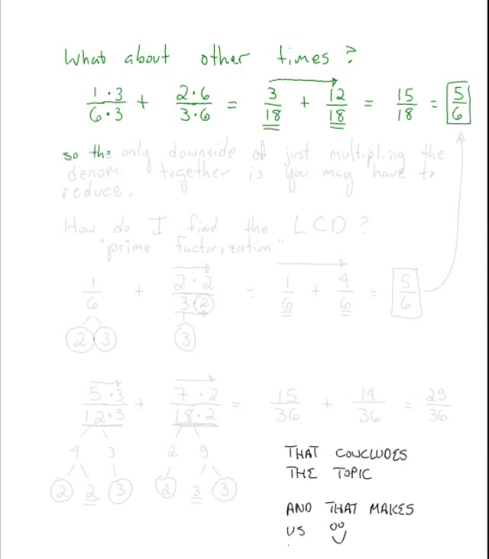So the only downside of just multiplying the denominators together is you may have to reduce at the end, because you didn't use the least common denominator, you just used a common denominator.